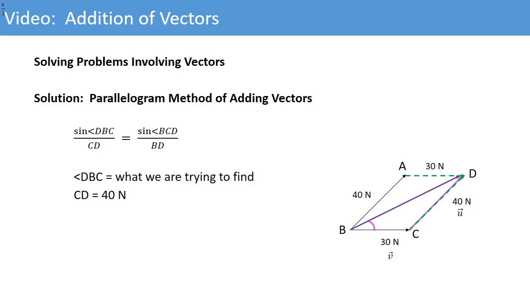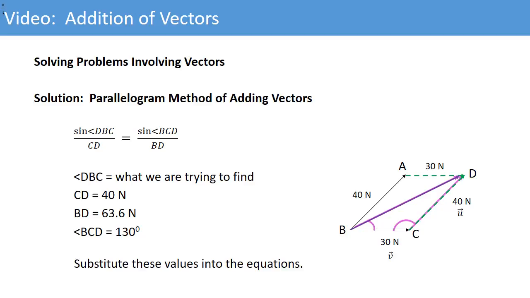CD is 40 newtons. Angle DBC is what we're trying to find. Side BD is 63.6 newtons. And angle BCD is 130 degrees. Substitute these values into the equation.